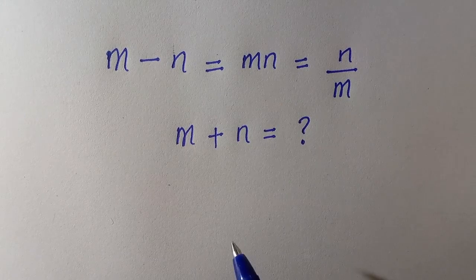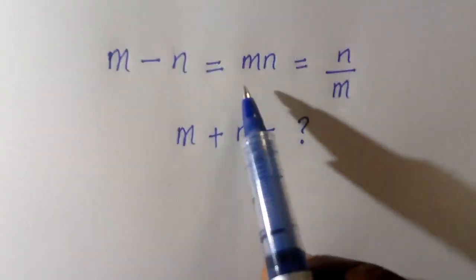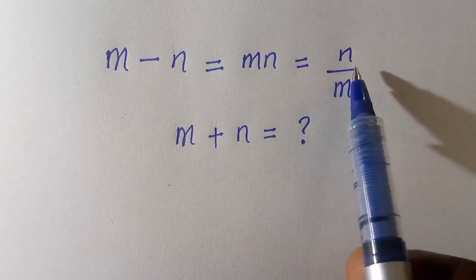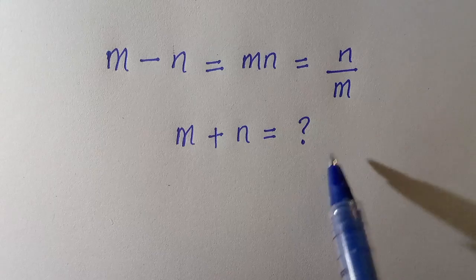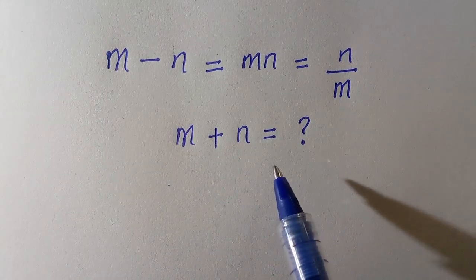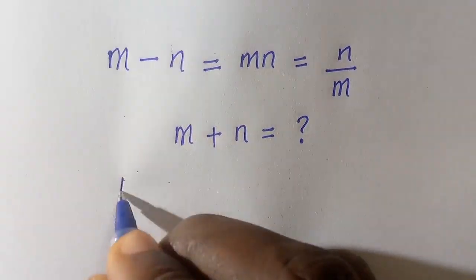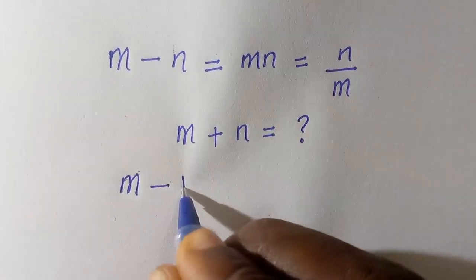How to solve this algebra equation of m minus n equals mn equals n divided by m, and to find the value of m plus n in this. Let's get started. So here we have m minus n.